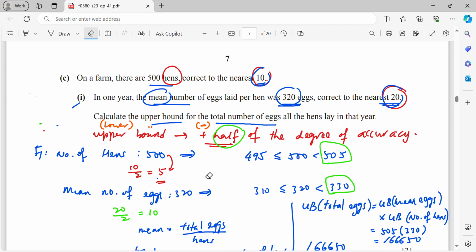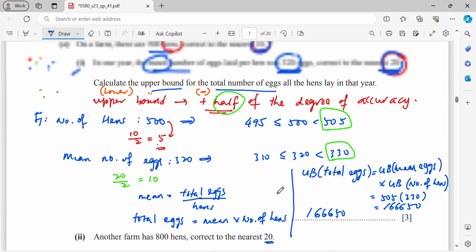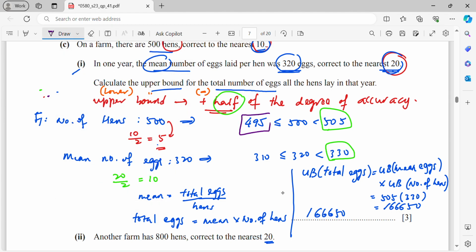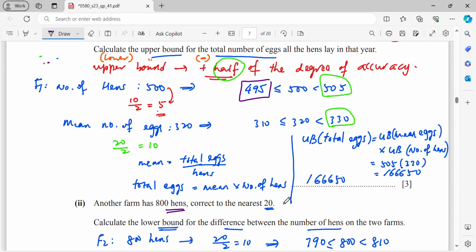Then now just check here. This is the number of hens. So the hens lower bound is 495. Okay, wait, let me check. Another farm has 800.